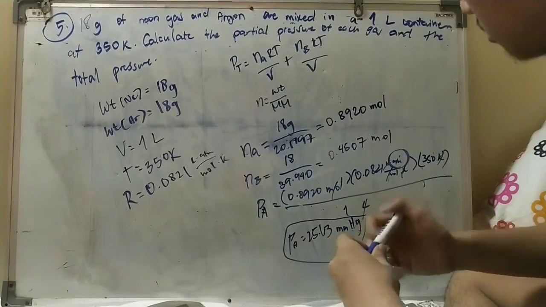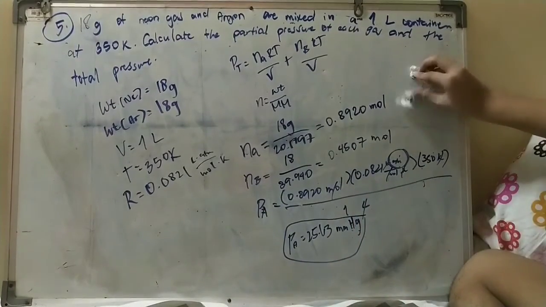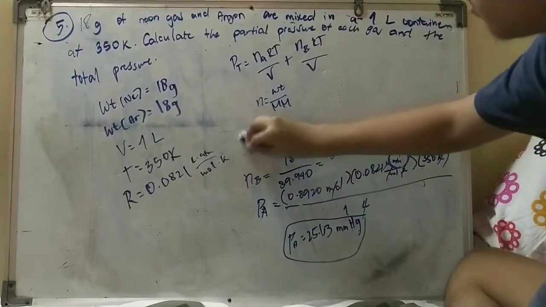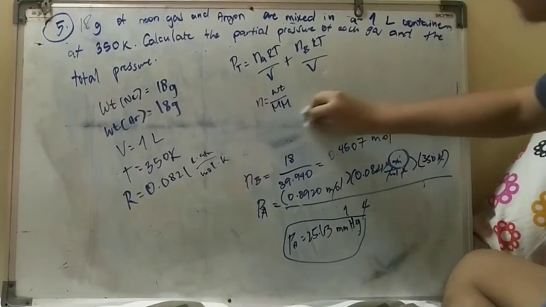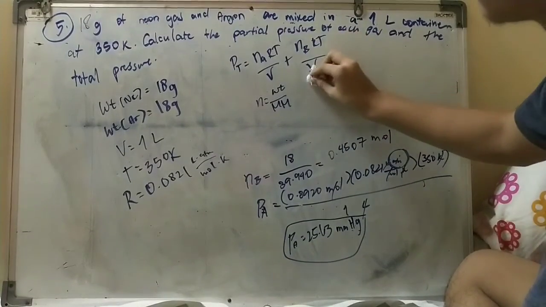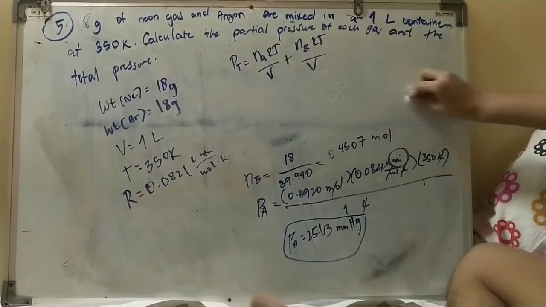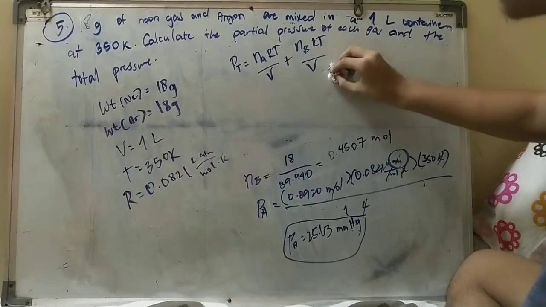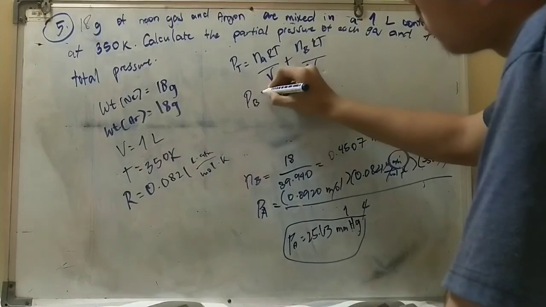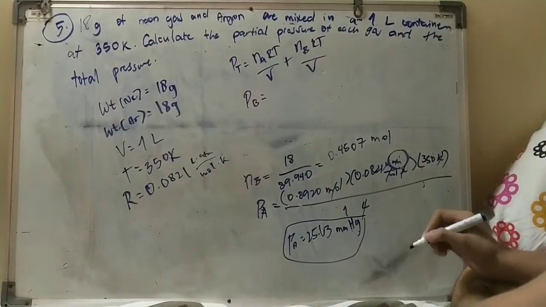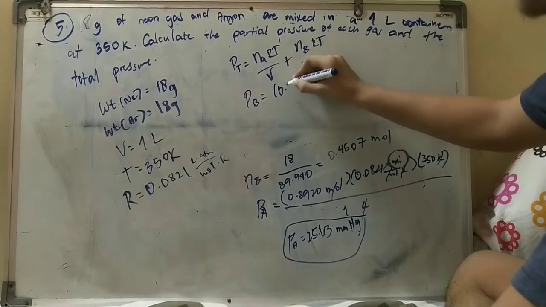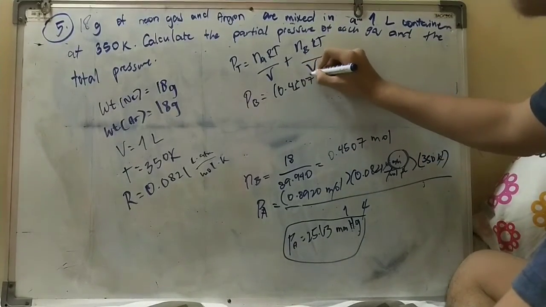So I'll just erase this and put the example. So PB. So our NB of argon, our moles of argon, is 0.4507 moles.